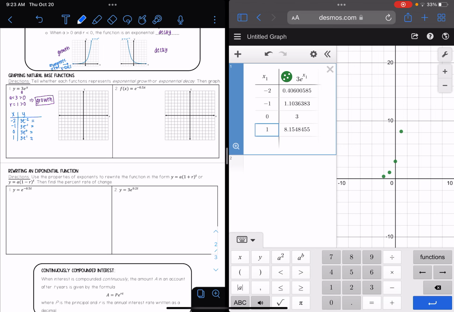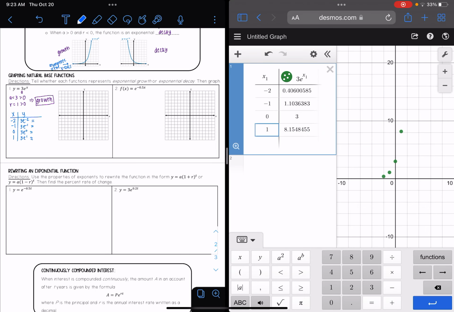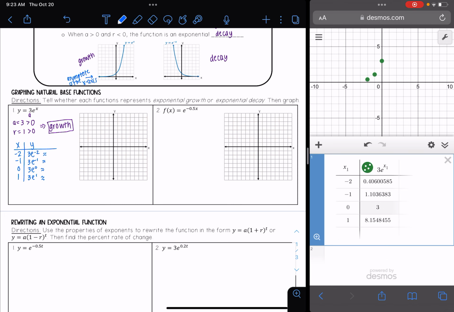And so I see here I have pretty long decimals, so I'm just going to go ahead and round those to the nearest hundredth. And so when I do that, I get approximately 0.41, 1.10, 3, and then 8.15.